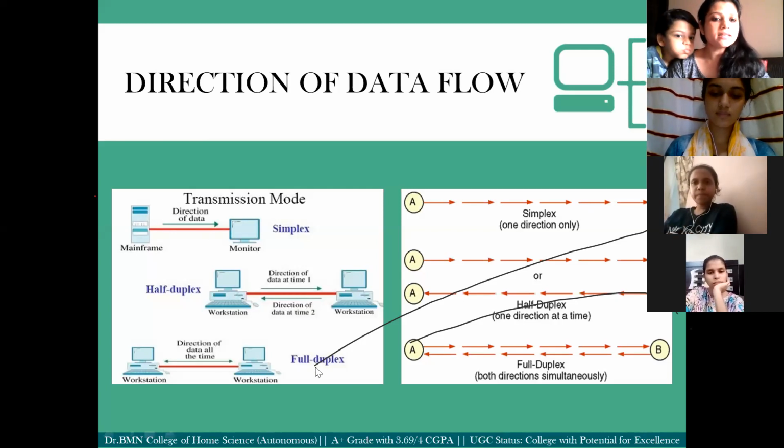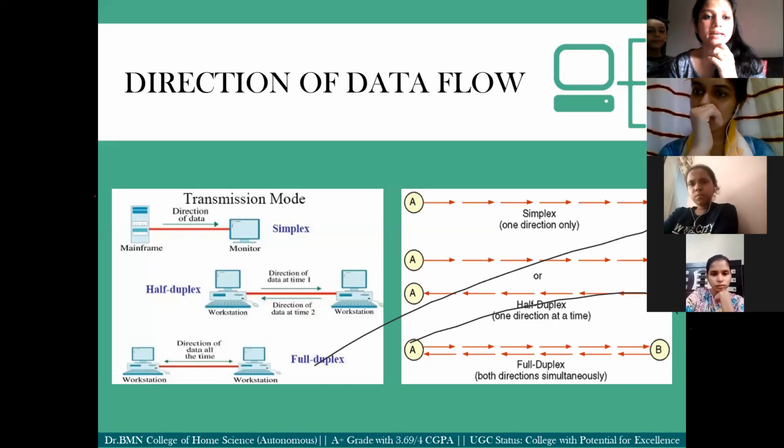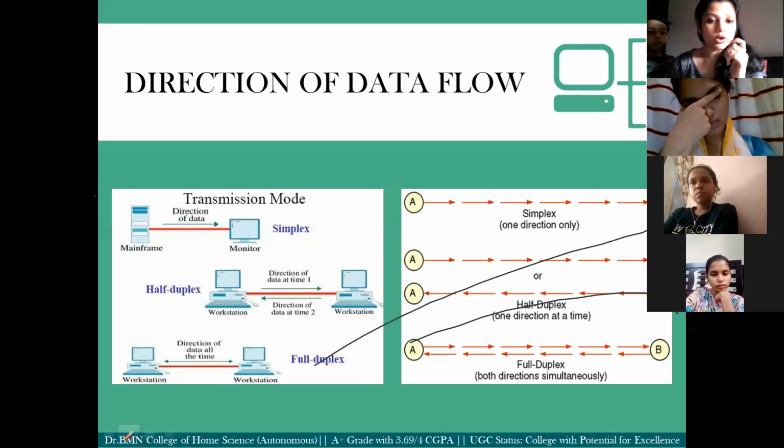And then full duplex is both directions at a time. In half duplex, in time interval t1 there will be one transmission and in time interval t2 there will be another transmission. But in full duplex it is at the same time.